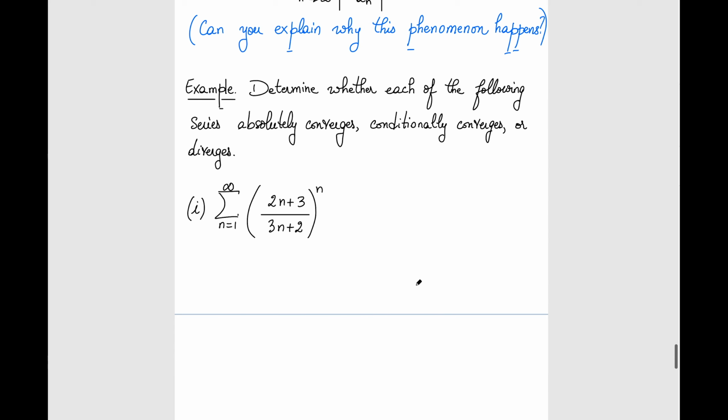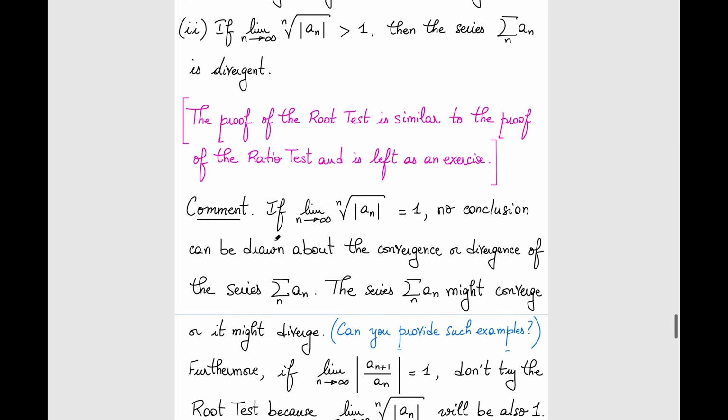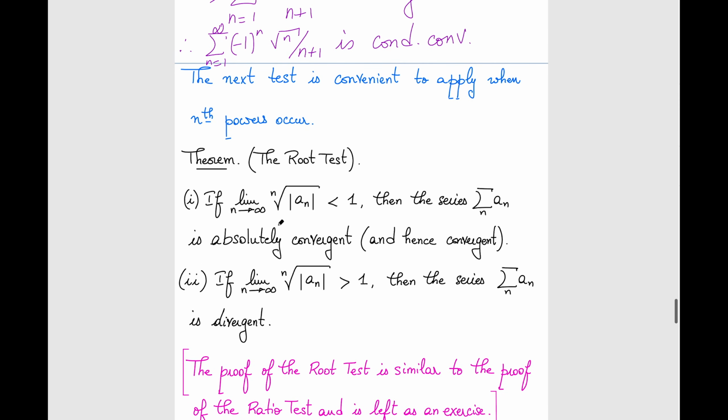Okay, so let's answer this question. Determine if the series is absolutely convergent, conditionally convergent, or divergent. Look at the nth term here. This is an, right? This looks like the nth root of something, and the root test is made for these.